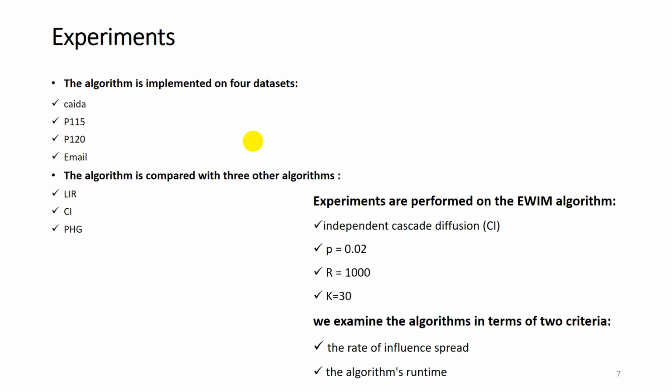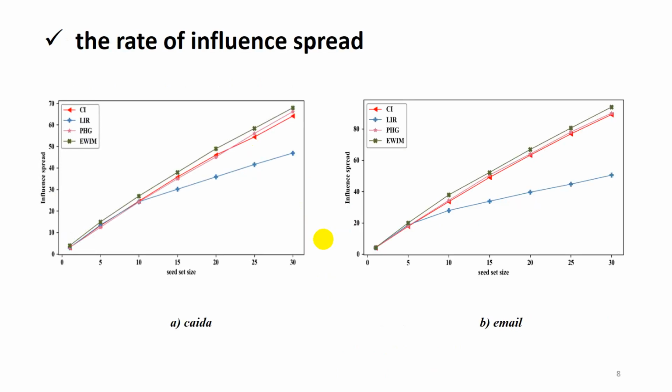The experiments investigating the two criteria of diffusion and execution time are displayed on graphs. The rate of influence spread: influence spread and seed set size of the EWIM algorithm with the baseline algorithms on the graphs are shown by X and Y axes. Here the graphs of propagation are examined.